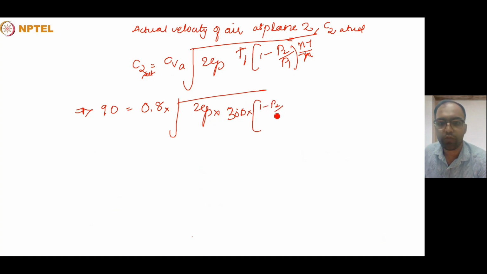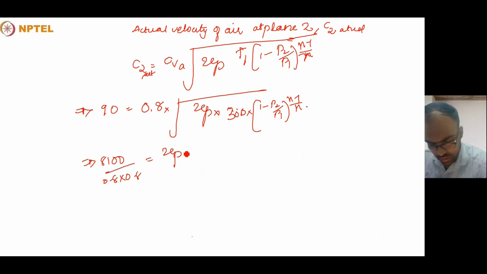Into 1 minus P2 by P1 into (gamma minus 1) divided by gamma. So it will be coming around 8000 divided by 0.8 into 0.8 equal to 2Cp, where Cp value is equal to 1.005.